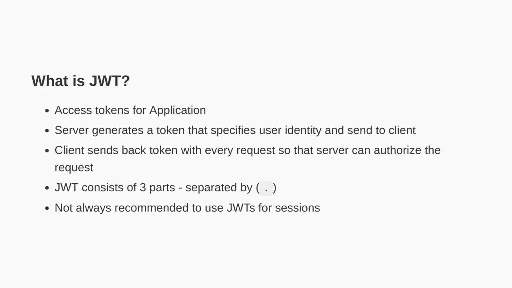The second part is the payload, which contains the actual verifiable security statement, that is the identity of the user and the permissions they are allowed. Finally, the third part is the signature, which is used to validate that the token is not tampered with.